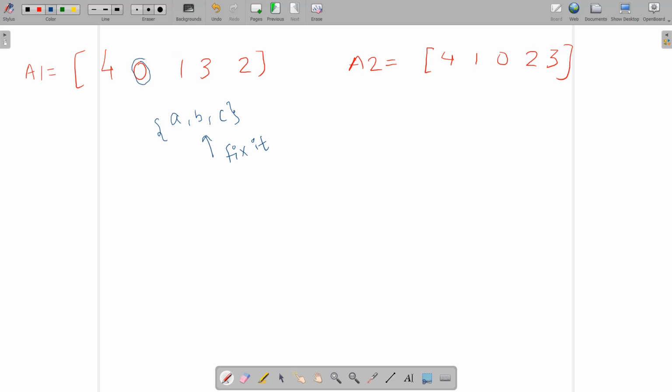We are fixing 0, or 1, or 3, or 2. Means B can become 0, 1, 3, or 2. By doing that, our entire search space is reduced only to A and only to C. So this gives us a hint to solve the problem efficiently.